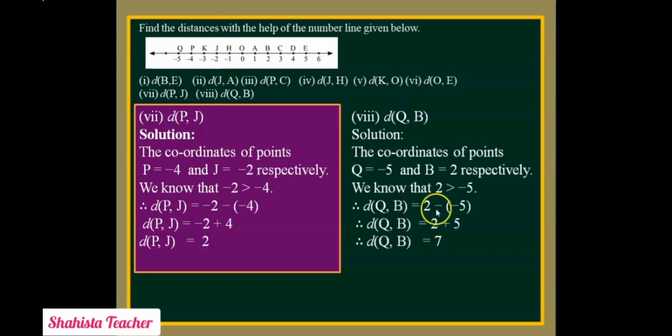We will put here minus sign and here -5 is given. So minus into minus will become plus. So 2 plus 5 is equal to 7. So distance of Q comma B is equal to 7. So sub question 8 of question number 1, distance of Q comma B is equal to 7.